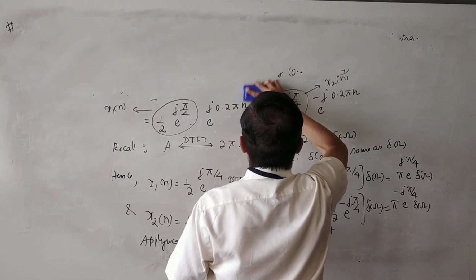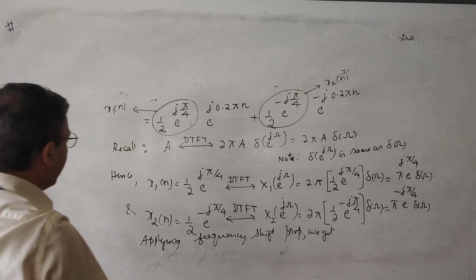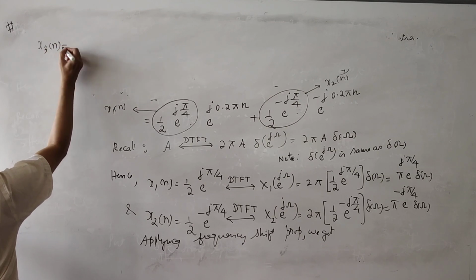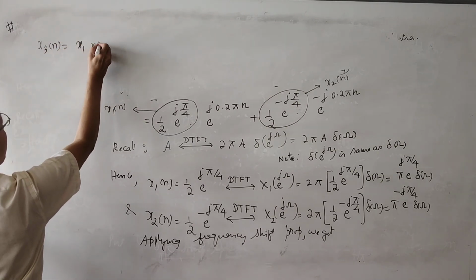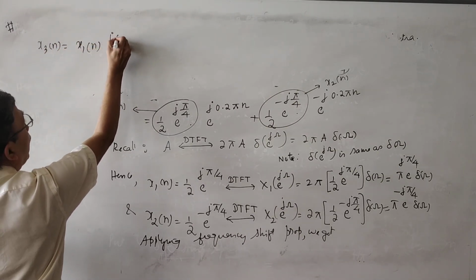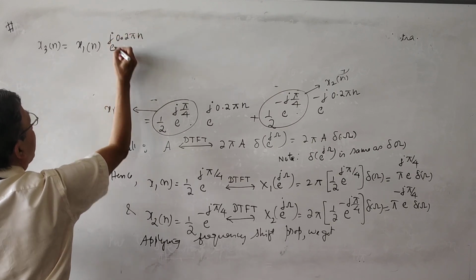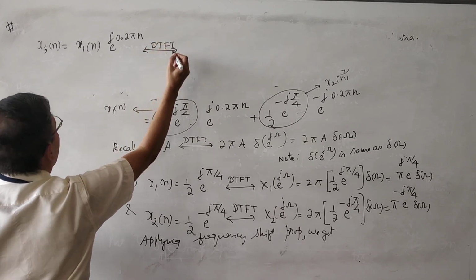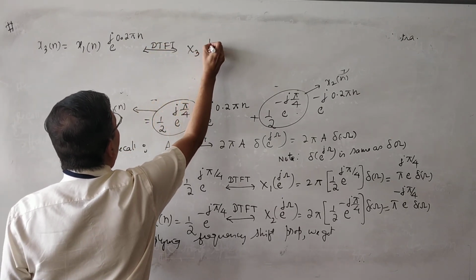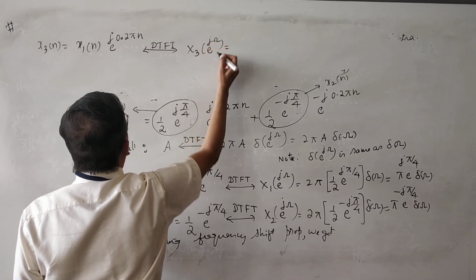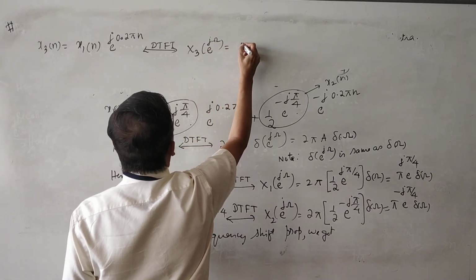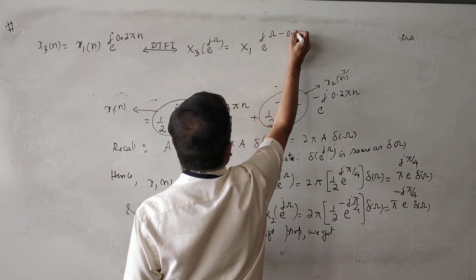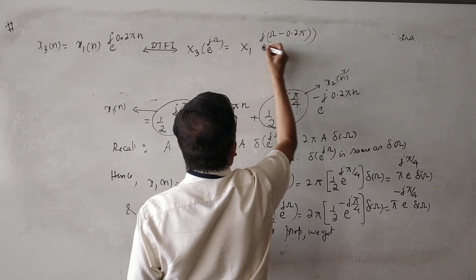Applying frequency shift property we get x3 of n is equal to x1 of n multiplied by e to the power j 0.2 pi n will have a discrete time Fourier transform x3 of e power j omega equal to x1 of e to the power j omega minus 0.2 pi.